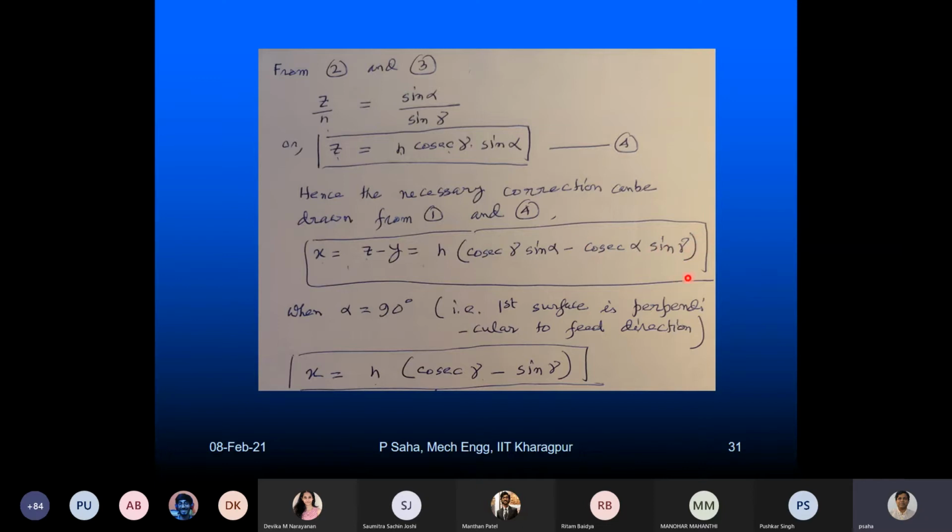So you will be easily able to find this trigonometrically and solve these things.